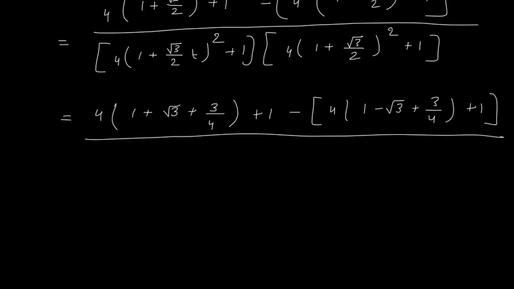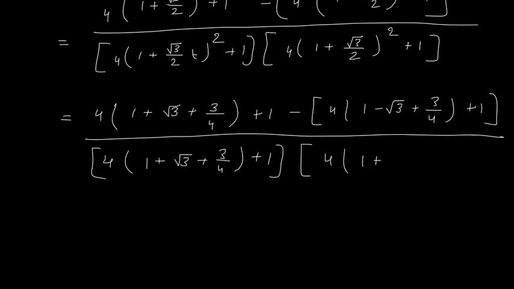In the same way, it is 4 into 1 plus root 3 plus 3 divided by 4 plus 1, minus 4 into, here it is multiplication, this whole term is multiplied by 4 into 1 plus root 3 plus 3 by 4 plus 1.